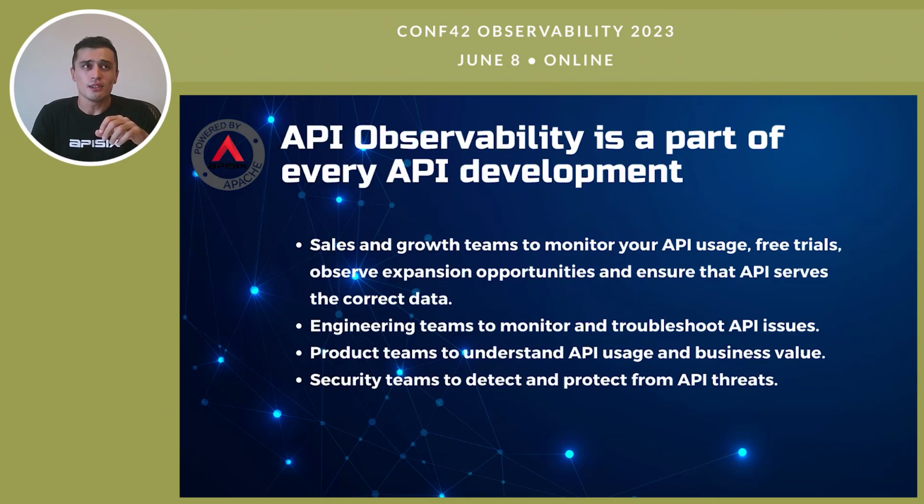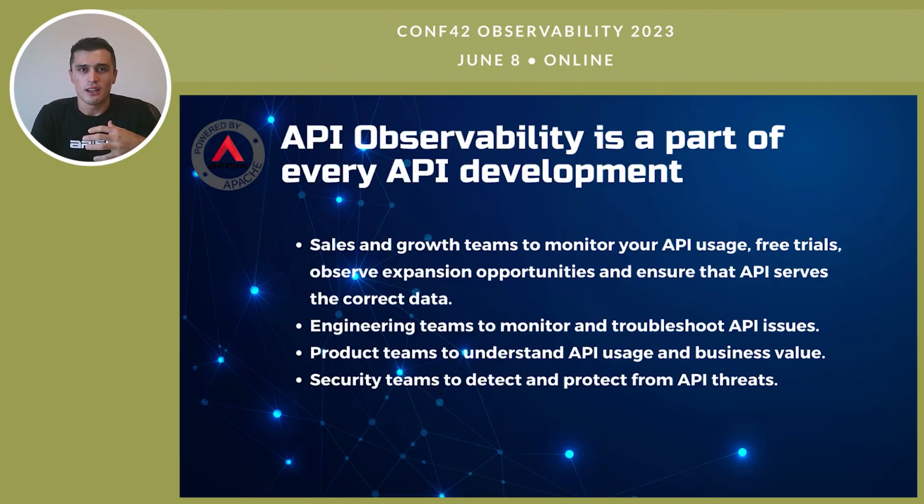When you design for full stack observability, you get everything you need, right, to find the issues and catch breaking changes. And API observability is not just used to troubleshoot engineering issues, but it can also help to troubleshoot other business and security problems.